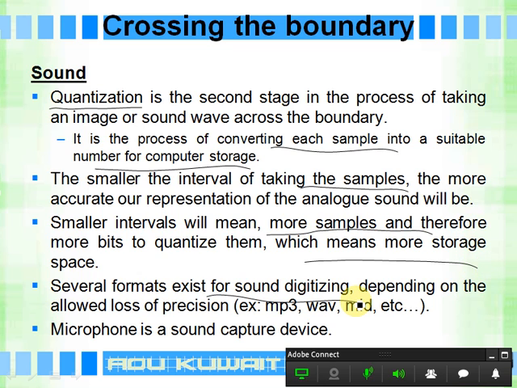Several formats exist for sound digitizing, which depend on the precision, for example MP3, WAV, or MIDI. These are different formats in which you can save the sound. I think you know these formats better than me.